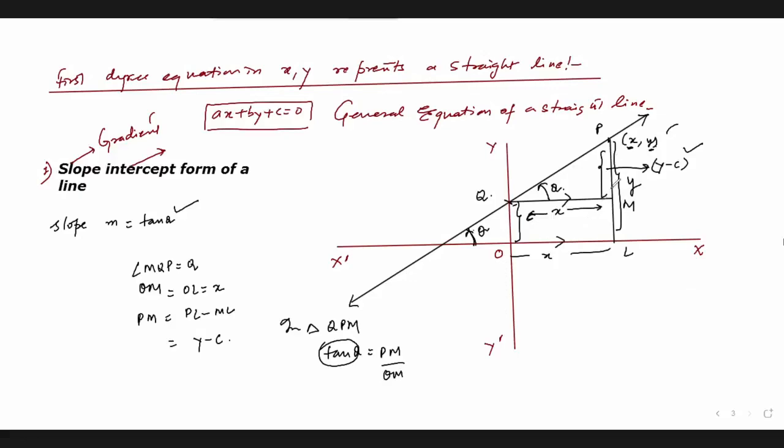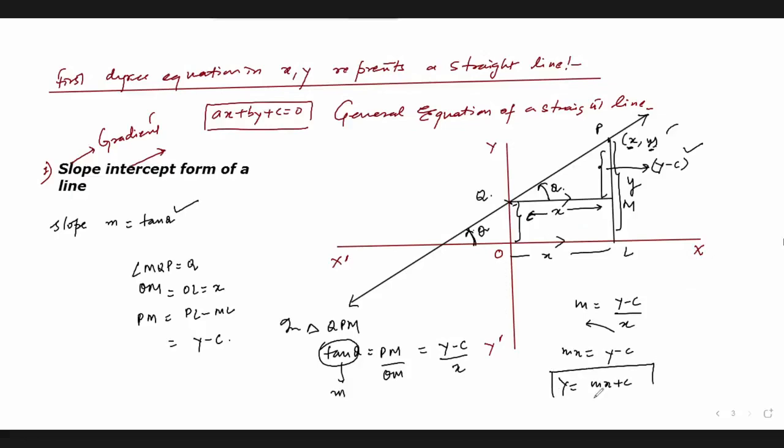In this right angle triangle, the perpendicular is PM, which is y minus c, divided by x. And I can write tan theta as m. So I get m equals y minus c by x. If I multiply, mx is equal to y minus c. So y equals mx plus c.